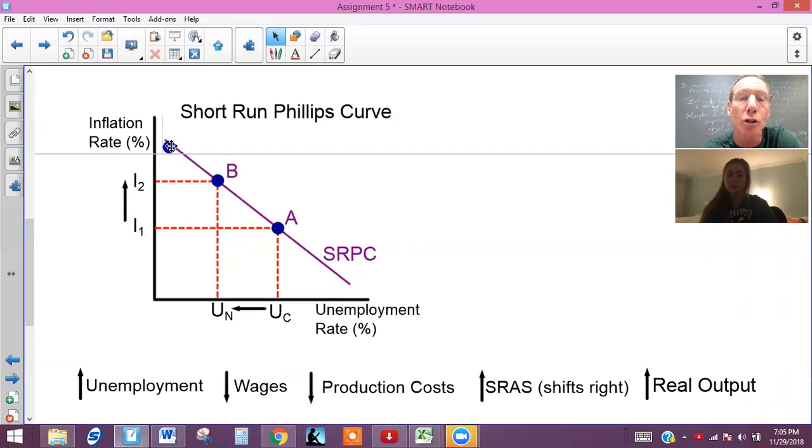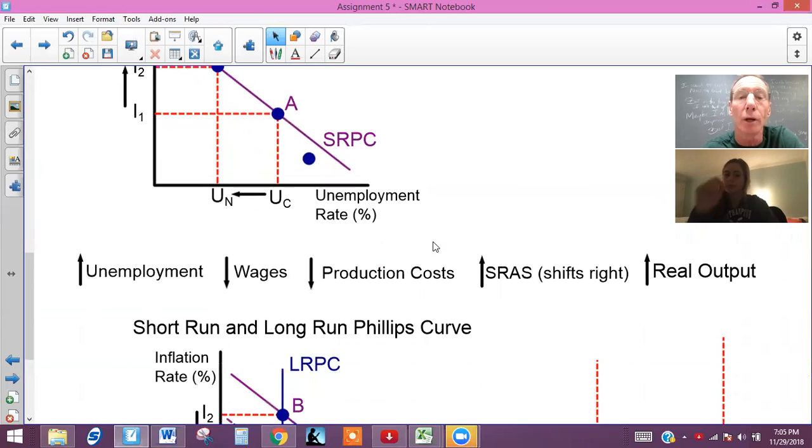So you're going to get changes in the price levels and the level of unemployment.